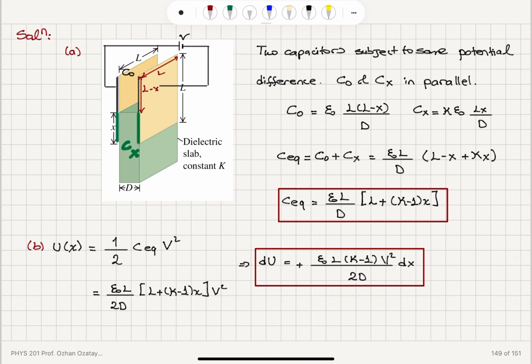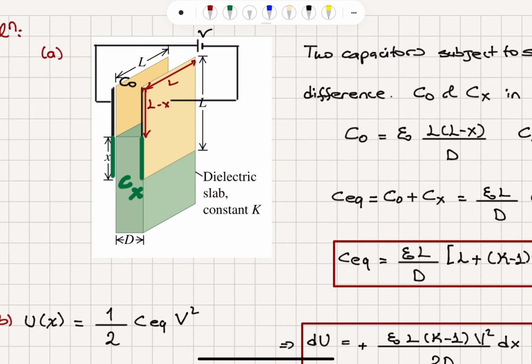Okay, so in this problem I'm considering a square parallel plate capacitor. A dielectric is inserted at distance x into the space between them.